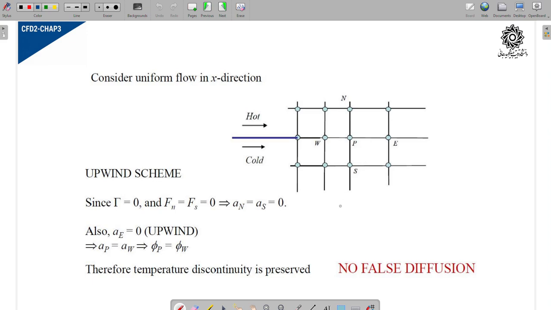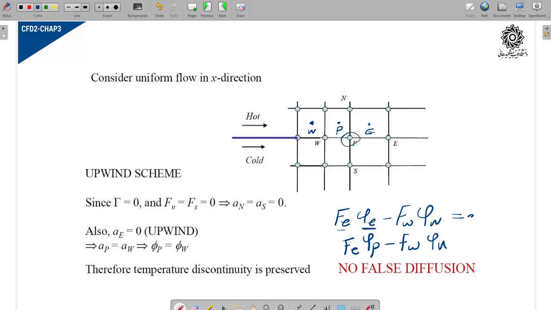In the discretization, for these cells, in the pure convection term, we have Fe phi e minus Fw phi w equals 0, for P, W, and E. With upwind, Fe phi P minus Fw phi W equals 0.